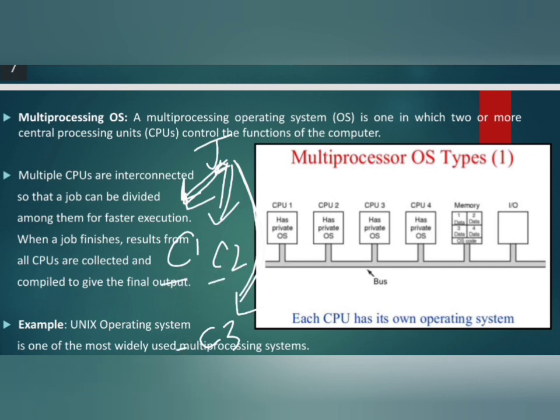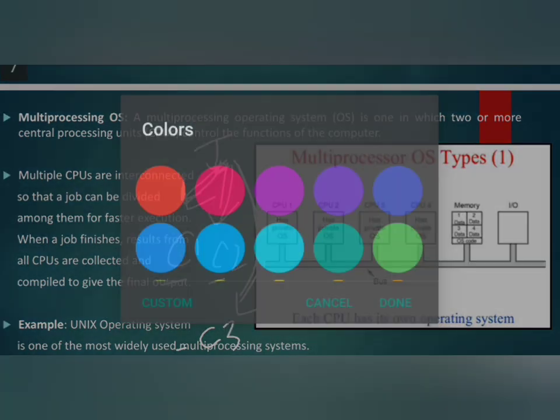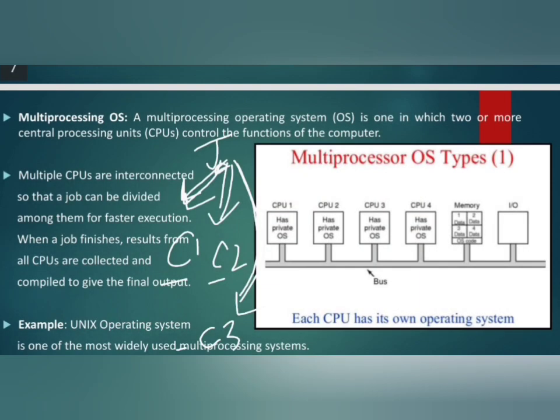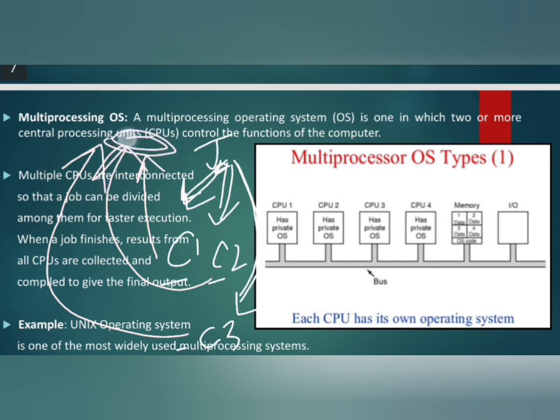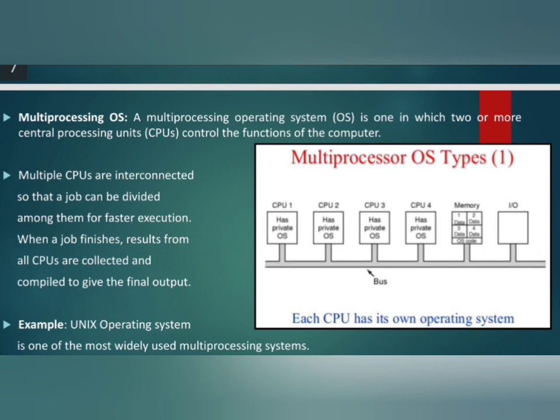When the job finishes, the result from all the CPUs is collected. That means whatever result is there from each CPU, it is collected. The result is collected from CPU 1, then CPU 2, and again from CPU 3. So finally the result is collected from all the CPUs and compiled to give the final output.